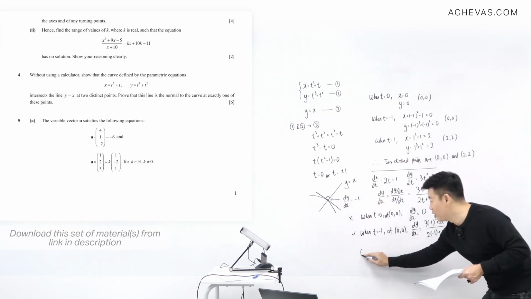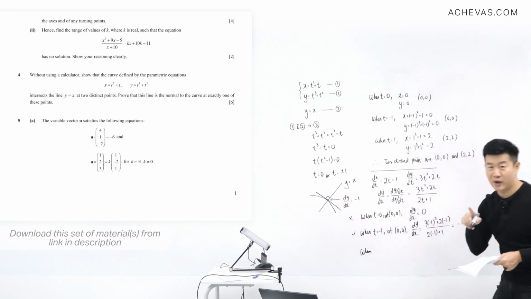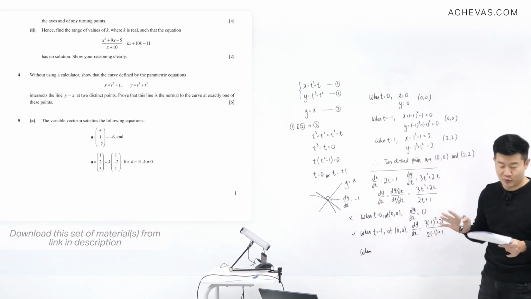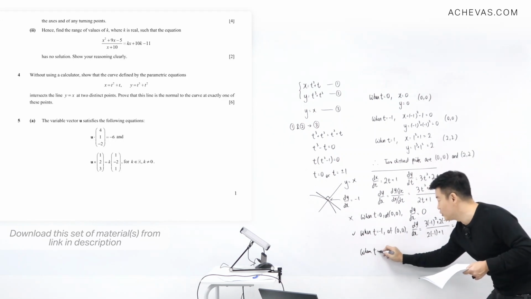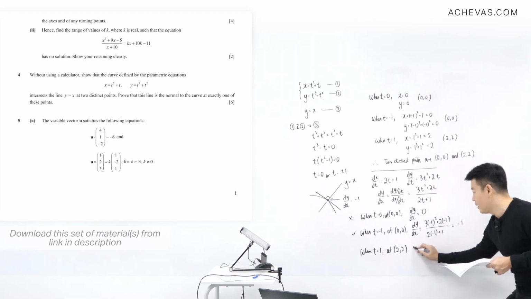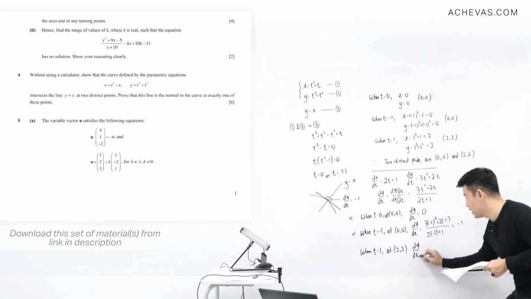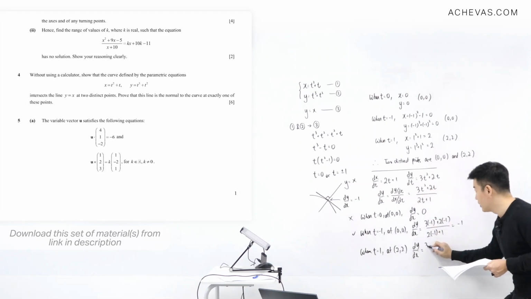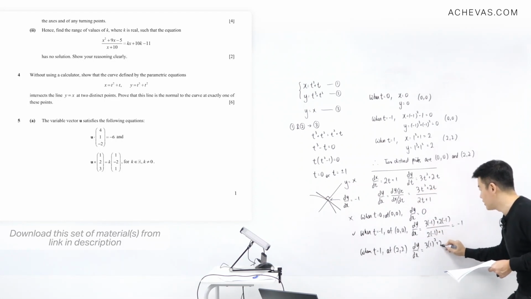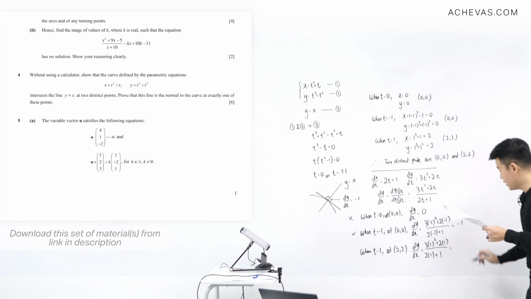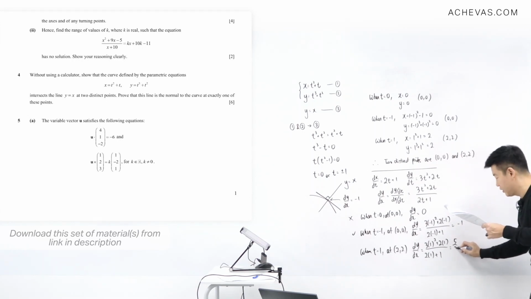Let us check one more, because we are supposed to prove that there's only one. If this turns out to be -1, then we didn't manage to prove it. So when t is equal to 1, this is at the point (2, 2). dy/dx is going to be 3 times 1 squared plus 2 times 1, divided by 2 times 1 plus 1, which is equal to 5/3.